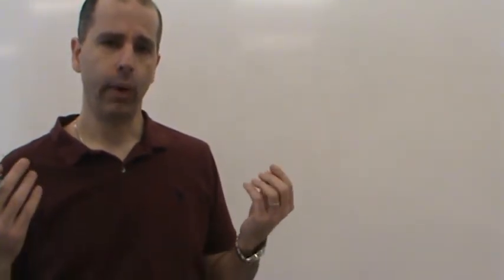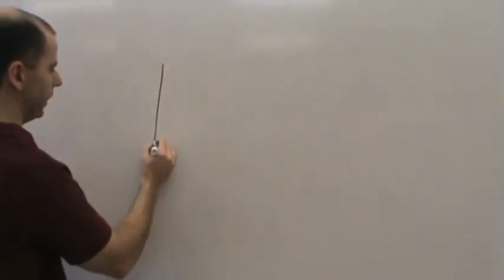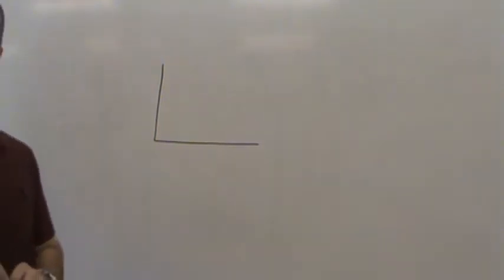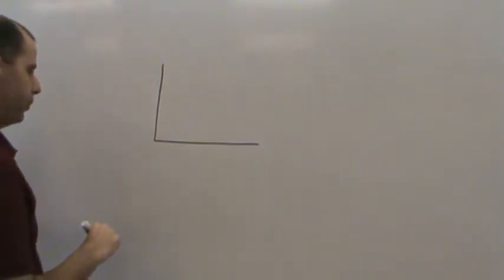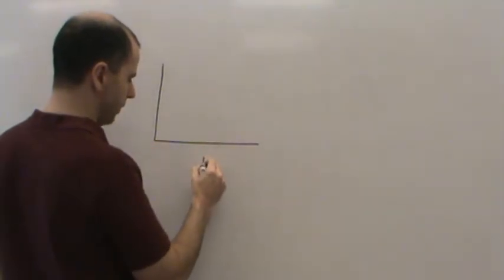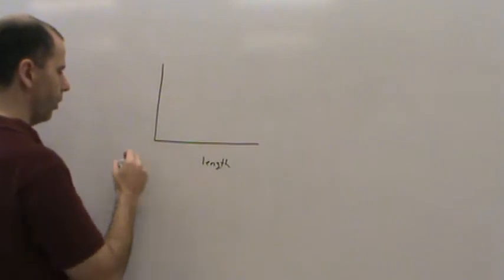And the first step to investigating whether there's a relationship between two variables is a scatter plot, a visual display. Okay? So what is a scatter plot? A scatter plot is a way of just looking at two variables and seeing if there's a relationship between them. So for example, I might want to look at length and width.